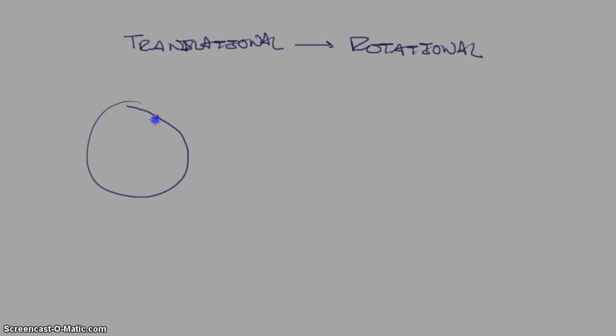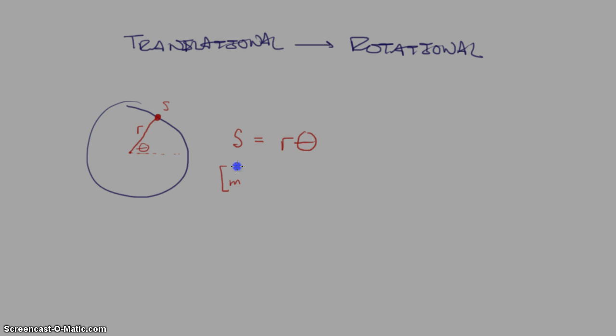So let's suppose you are right here. That is your position. With rotational quantities, we could describe that differently. Your position is the radius away from the center of the circle, pointed at an angle theta.